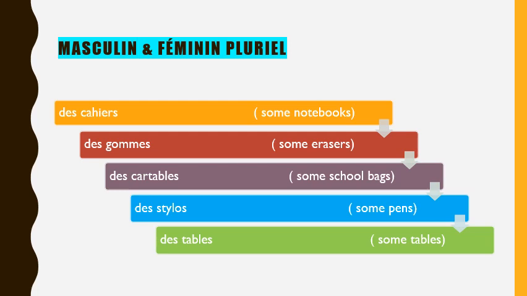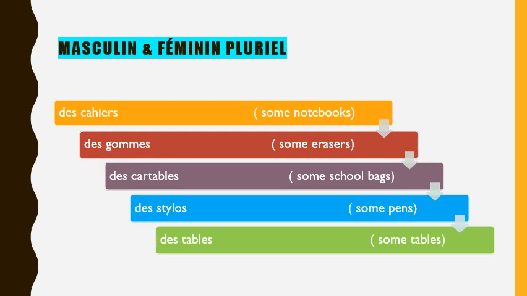Now let us see the nouns which are either masculine plural or feminine plural. As I told you before too, the indefinite article used with plurals is des. Now let us see the first example. It is des cahiers. That means some notebooks. As I told you before too, cahier is a masculine word. The second example is des gommes.